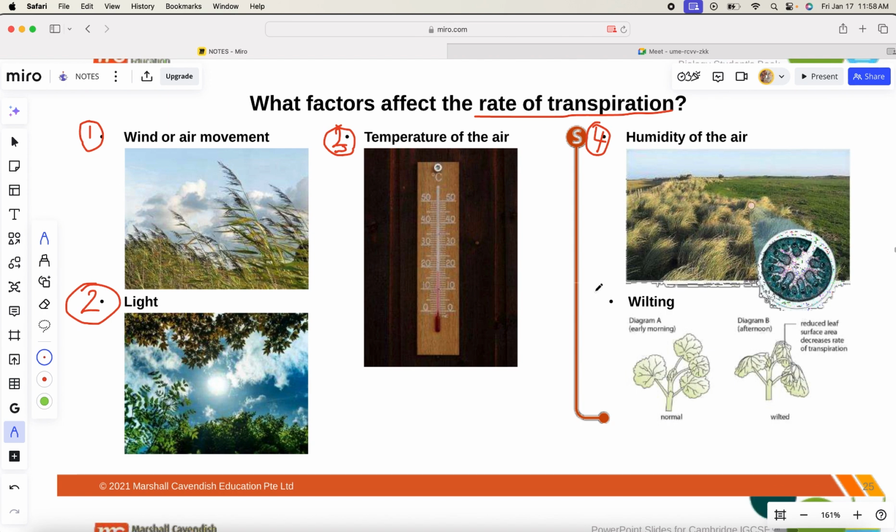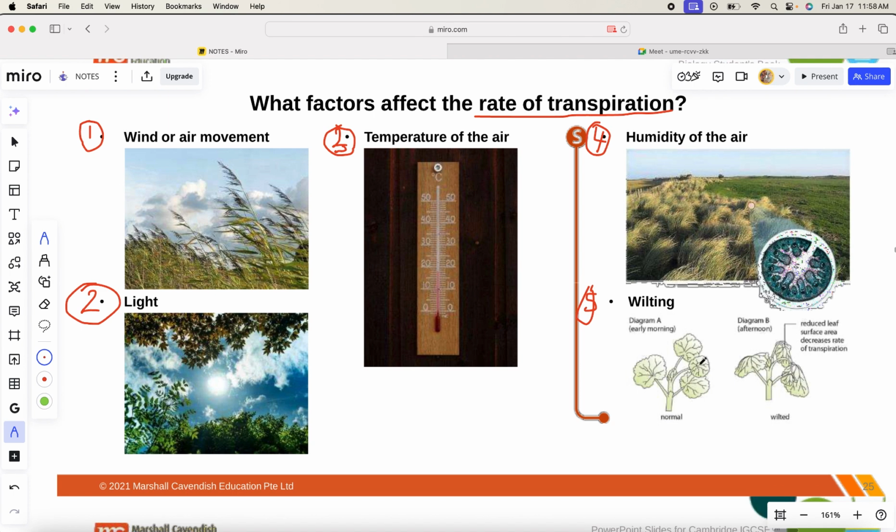The fifth one is wilting. What do you mean by wilting? Early morning, the plant looks very bright. The leaves of the plant are standing, they're normal.